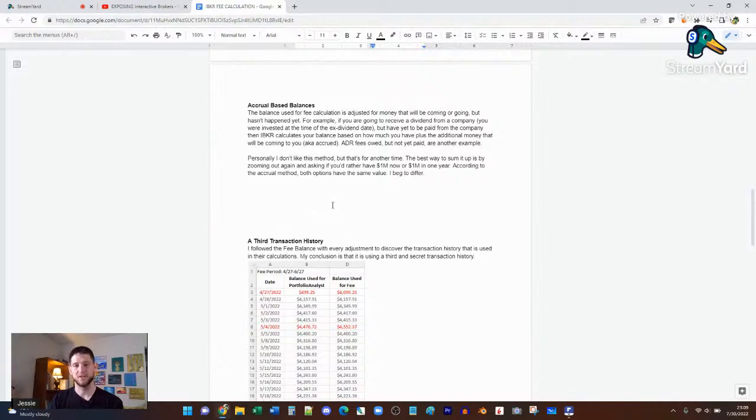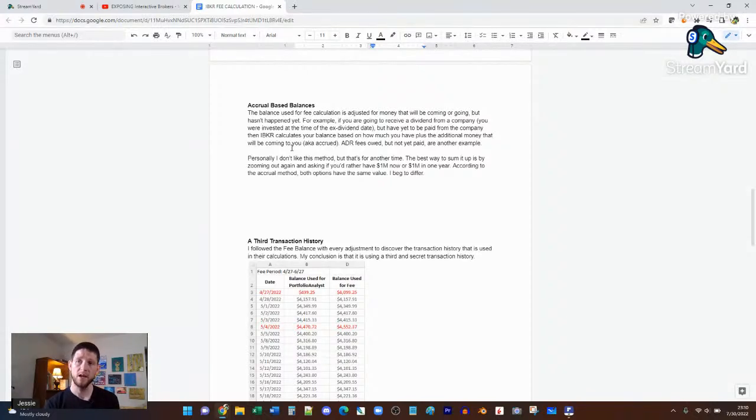So that's the 252. Now let's talk about how Interactive Brokers calculates the daily balance. So the first thing you need to know is that the daily balance is based on an accrual basis. And all that means is when you invest, sometimes money is going to be owed to you, or you're going to owe money, but you don't have to pay it, or it's not paid to you just yet.